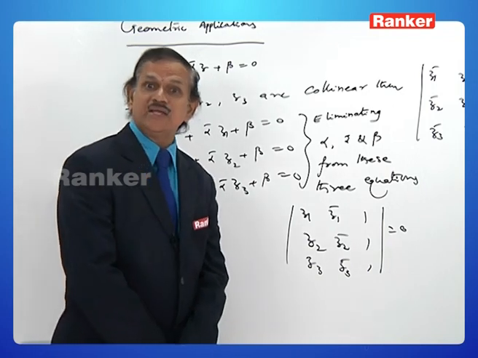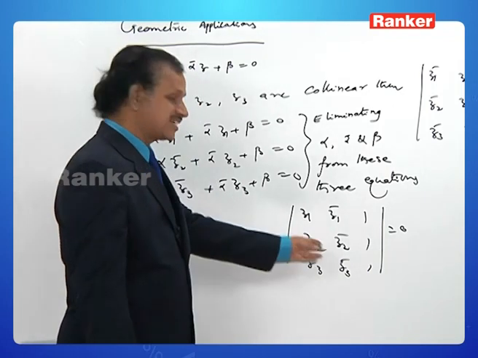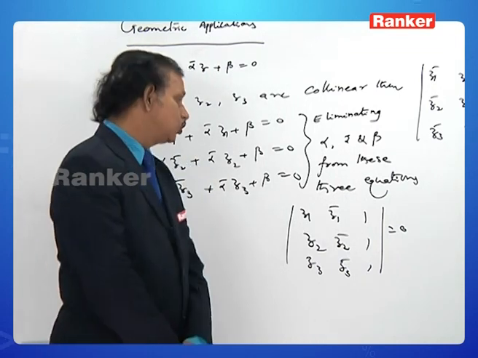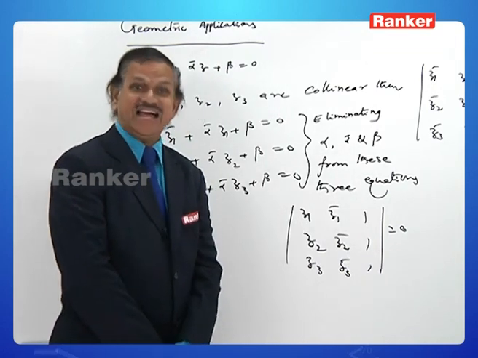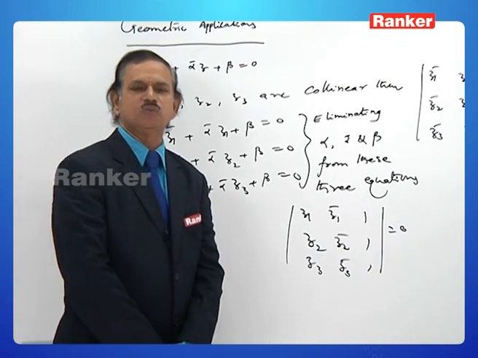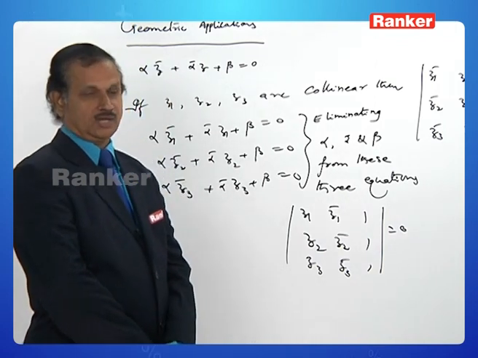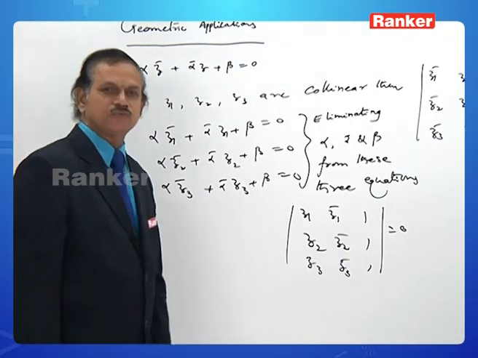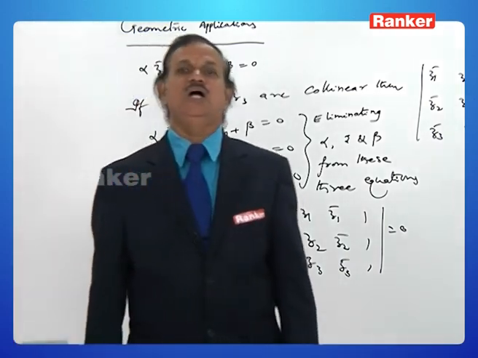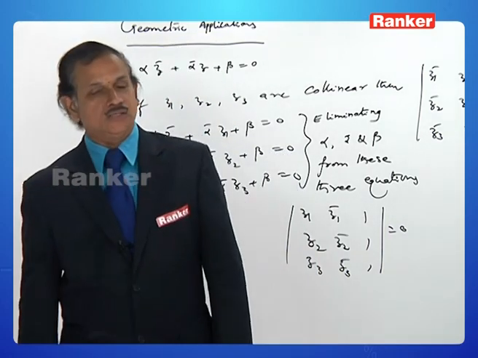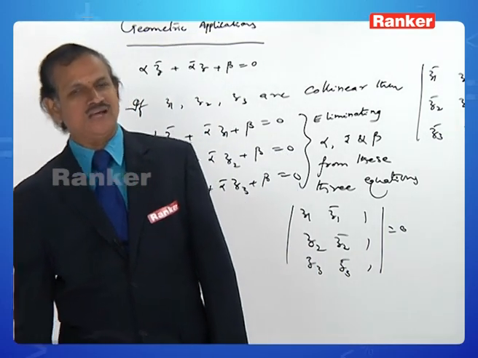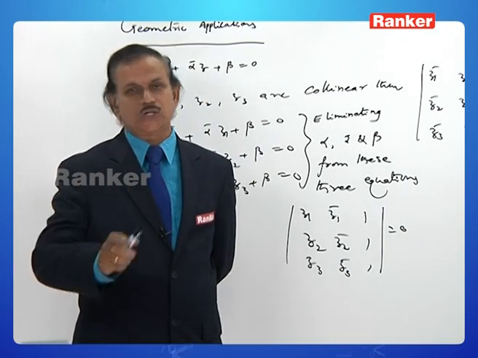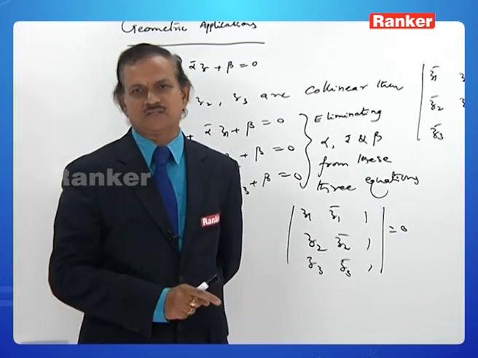One more, we can be inspired by this condition to frame the equation of the line joining 2 points Z1 and Z2. How? Without any parameter. Previously, of course, we could have got an equation of the line joining the two complex numbers Z1 and Z2 as Z is equal to tZ1 plus (1 minus t)Z2 with t as the parameter.